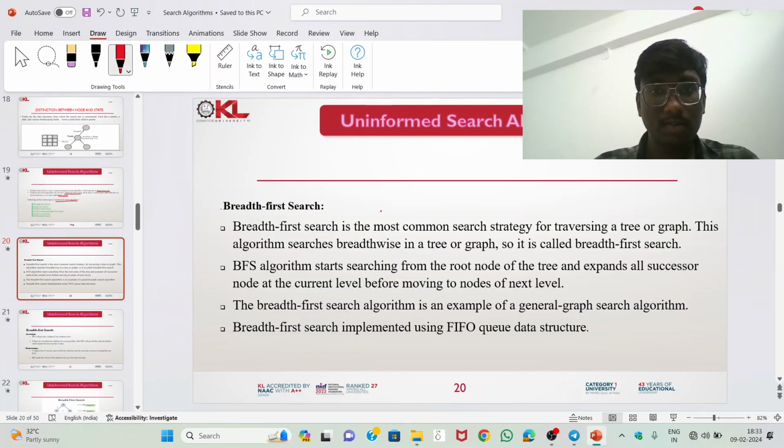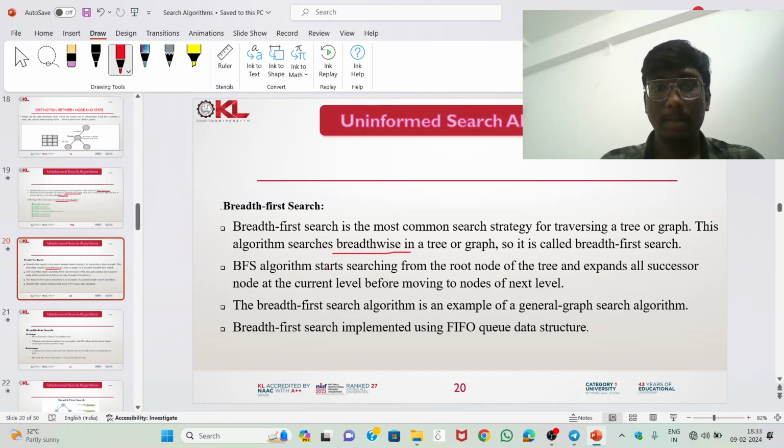Breadth first search is the most common search strategy for traversing a tree or a graph. This algorithm searches breadth-wise, so it is called breadth first search. BFS starts from the root node and expands all the successor nodes at the current level before going to the next level.